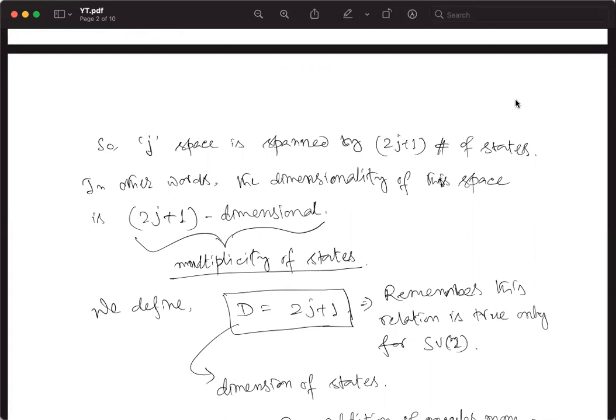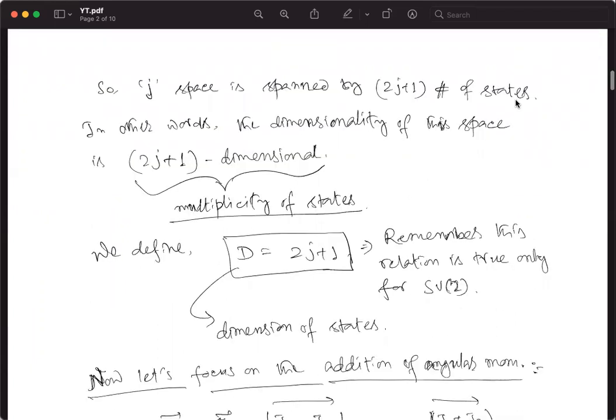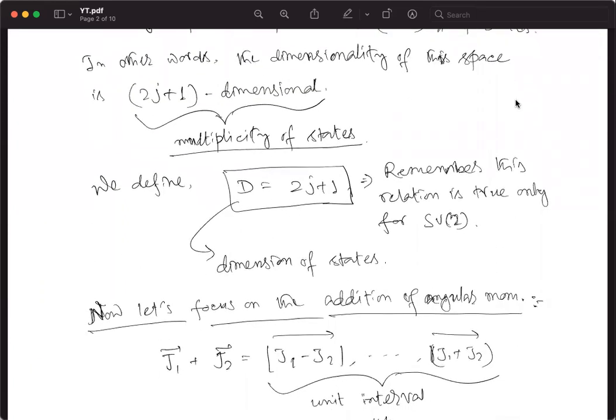So we define D equal to 2J plus 1, where D is nothing but the dimension of the states, and we have to be very careful here that this relation is true if and only if for SU(2). One of the important reasons behind using Young tableaux is to get a generic framework for the construction of higher dimensional representations, and not the angular momentum technique, because it is restricted to SU(2) only.